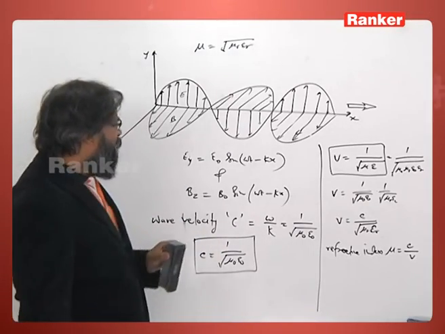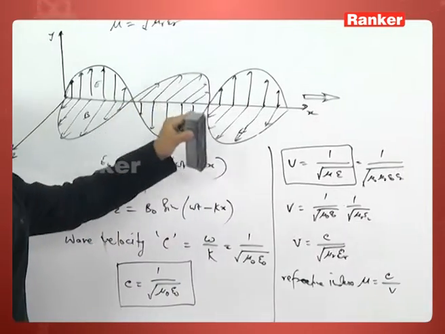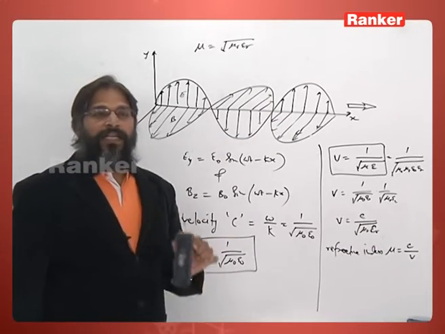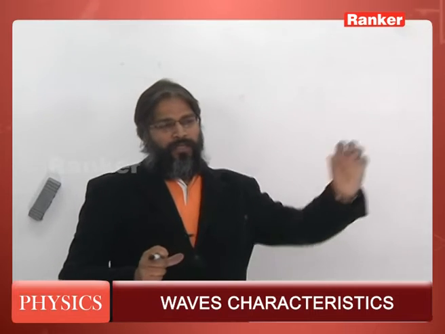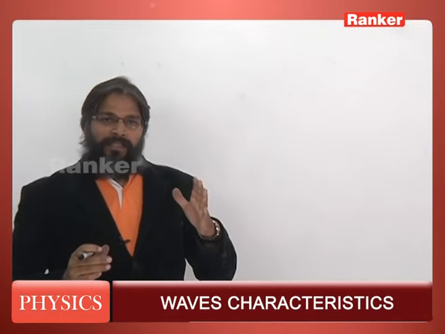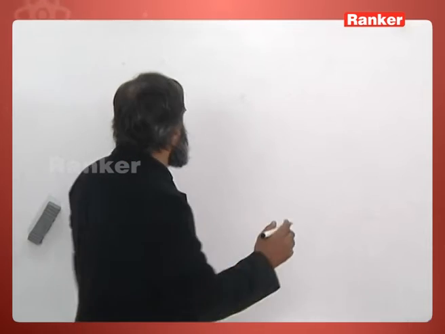Now, let us see how this electromagnetic wave carries energy and momentum. So, now let us see the energy carried by electromagnetic waves. Whenever a charge is under acceleration, an electromagnetic wave is emitted by it.